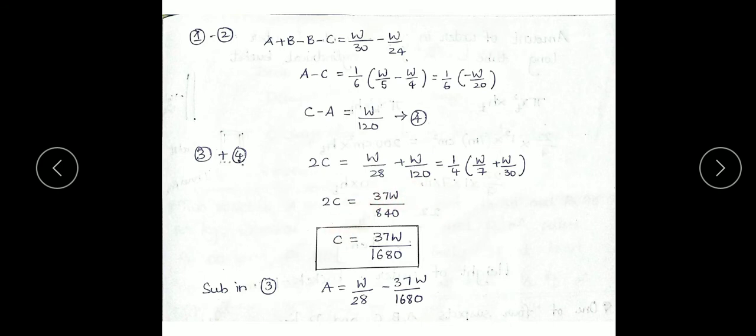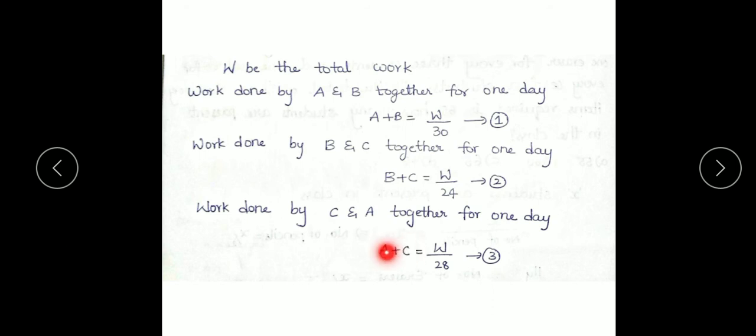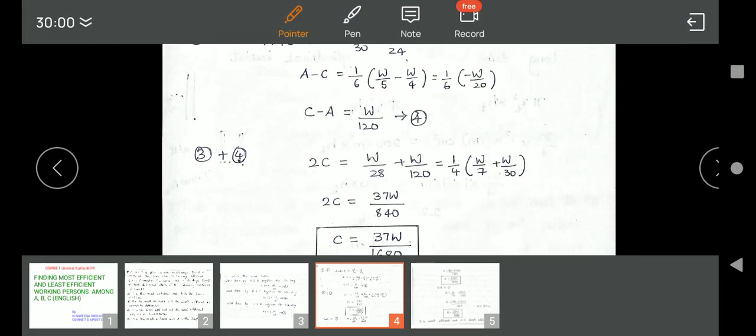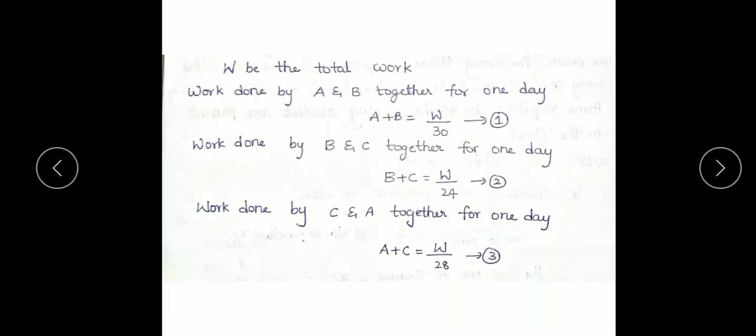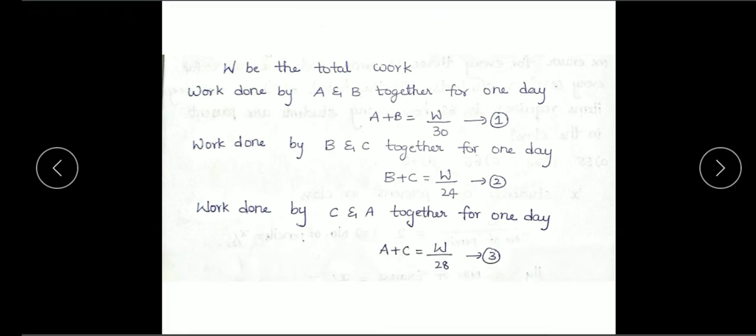And next is substituting in 3. So this is equation 3. As we have already found out C, now by using this equation you can find A. So substituting in this equation we would have A plus C is w by 28, and C is nothing but 37w by 1680. So sending that C to this side, w by 28 minus 37w by 1680.